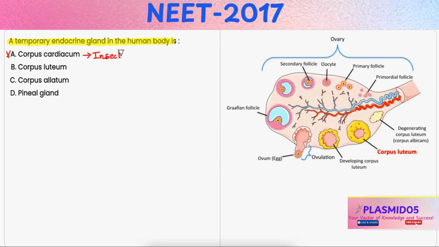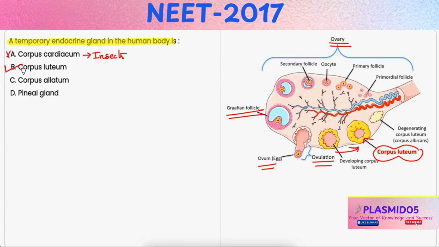The corpus luteum is a temporary endocrine gland found in the human body, rather in the female body, and it forms in the ovary after ovulation from the remnants of the Graafian follicle, and this structure secretes progesterone and some estrogen to support pregnancy, and if pregnancy does not occur, it degenerates after a short while. Hence, it is the correct option.